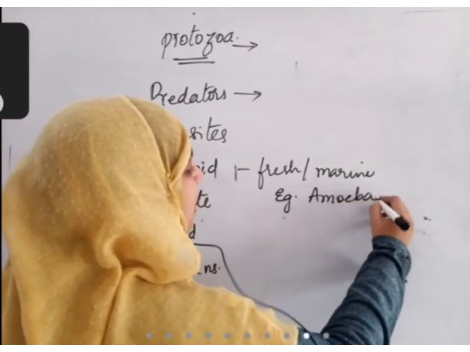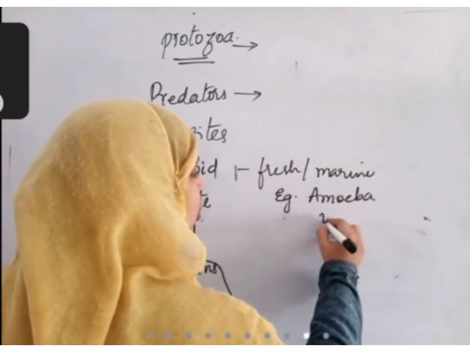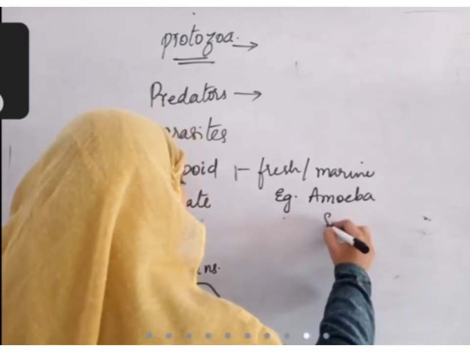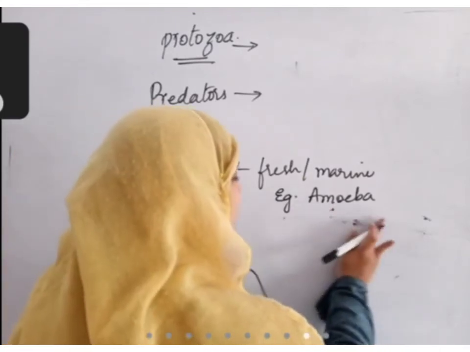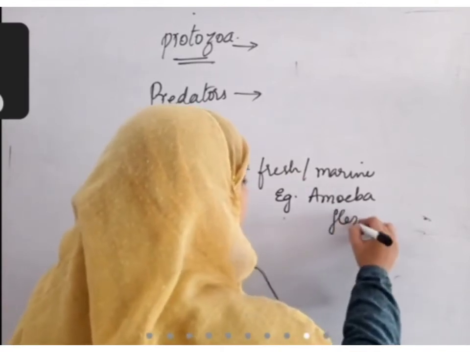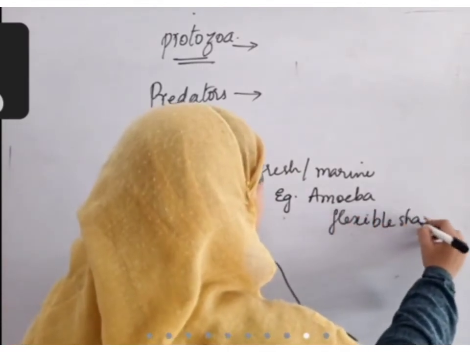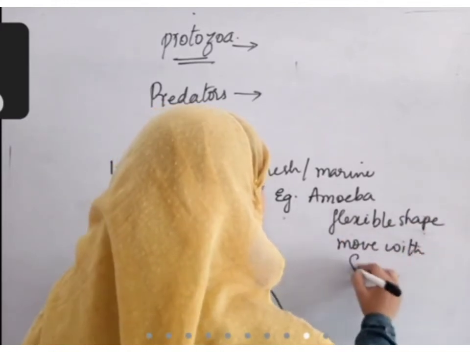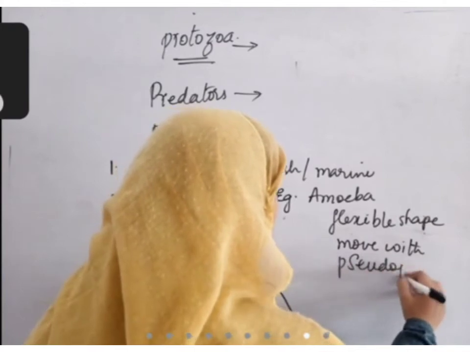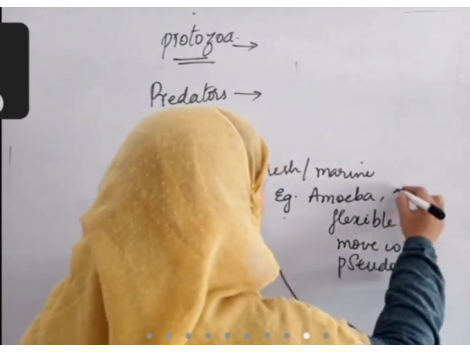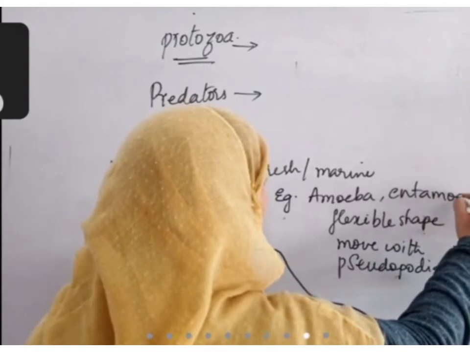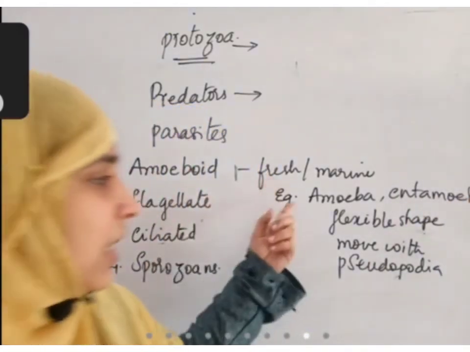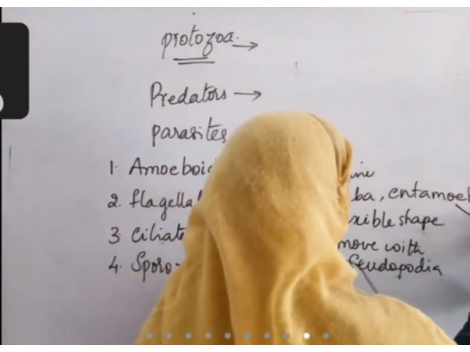By the name itself you can understand they do not have any fixed shape, they have a flexible shape, and they move with pseudopodia. Examples: amoeba, entamoeba, etc.